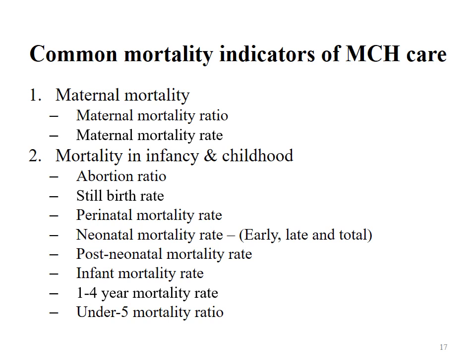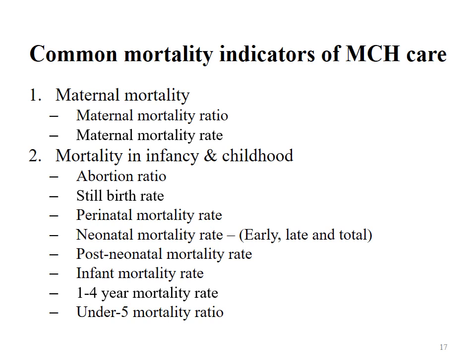Then all the indicators have live births as the denominator except for the maternal mortality rate, stillbirth rate, and 1 to 4 year child mortality rate. For the maternal mortality rate, the denominator is the total number of women of the age group 15 to 49, that is the fertile age group.